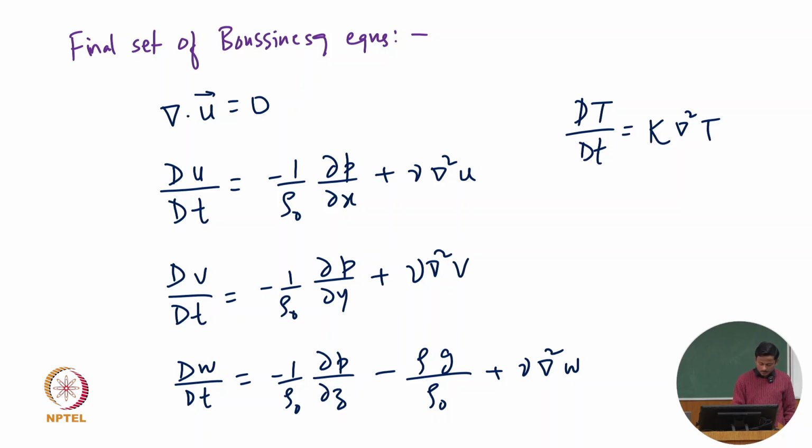Now this term is important. We have retained this term, and because we have retained it, we name it, because it's an important term that will keep appearing as we go along. The term minus rho g by rho naught is called buoyancy.